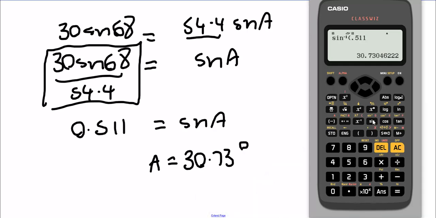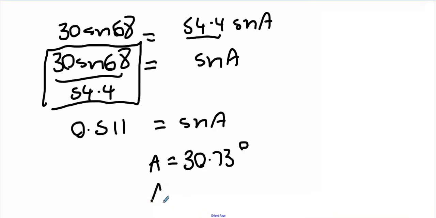So shift sine inverse 30 sine 68 all over 54.4. Close it out there. And you can see that I get 30.75 more accurately. So there is a bit of skill in maybe not rounding off too early there. I only identified that because of the marking scheme, to be honest. Be pretty harsh.